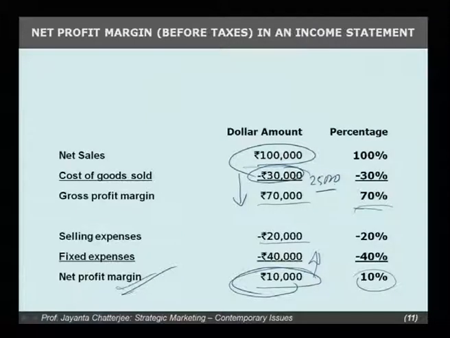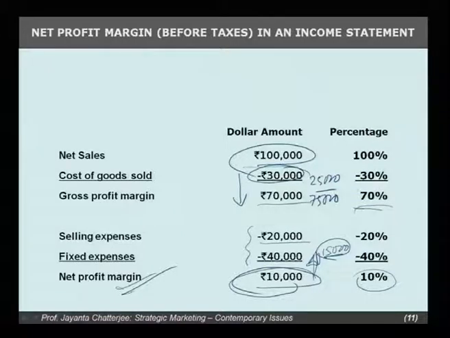So, your costs are coming down by just 5,000 rupees, but you see this will straight away push up your final result to 15,000, which is a 50% improvement, because this is now becoming 75,000, and 75,000 minus 60,000 is 15,000.